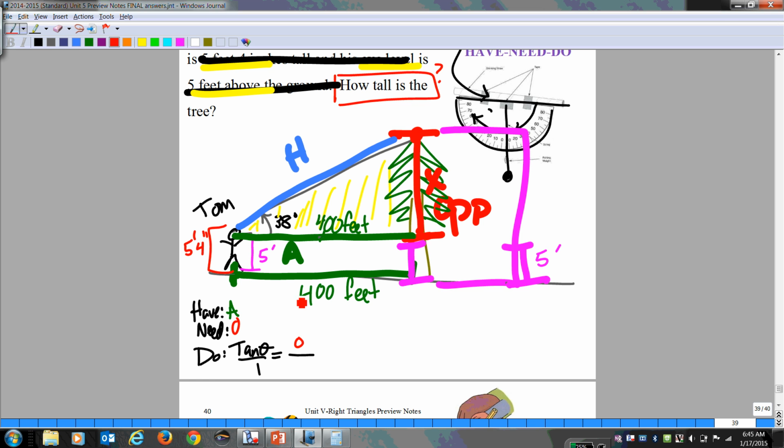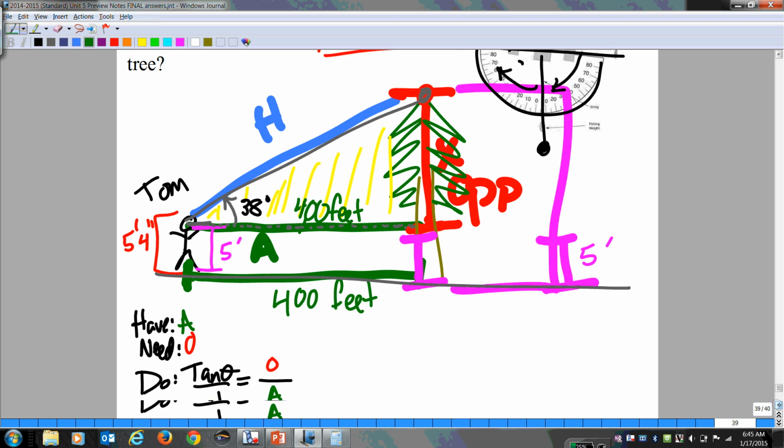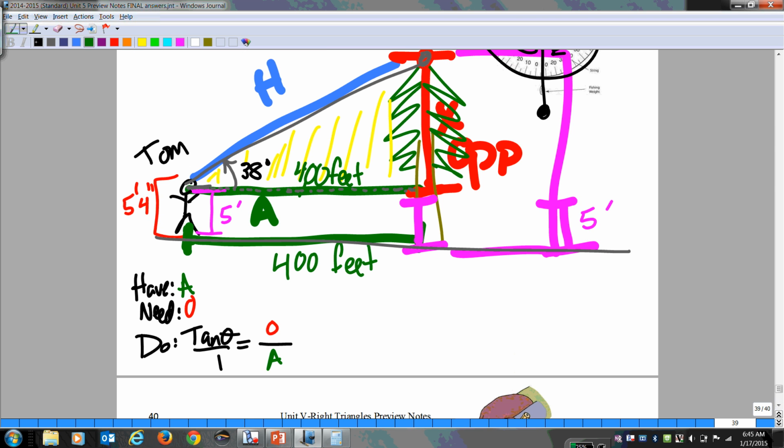So copy exactly down the tangent equation. Now we circle, tangent of theta, circle your theta, equals our opposite, which is going to be our x, over our adjacent, circle, that's 400.